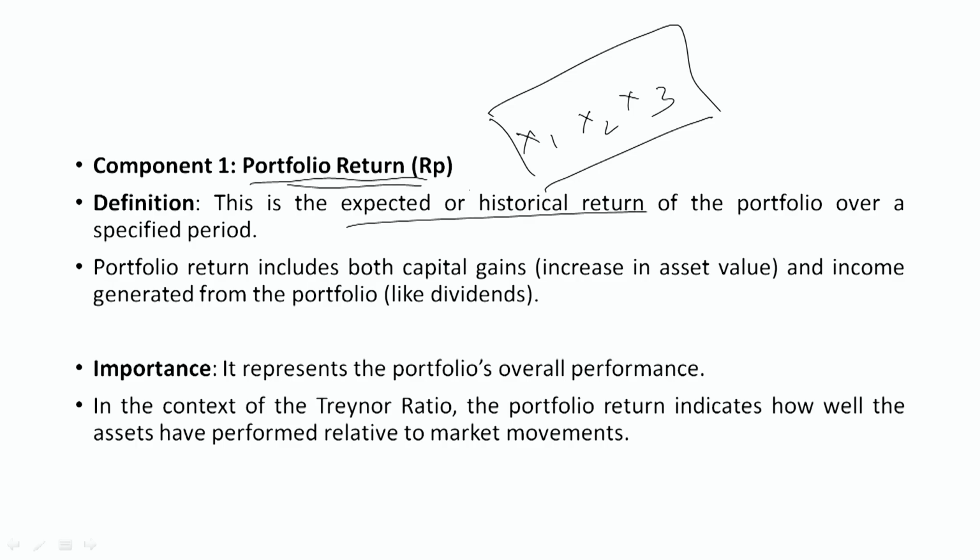So it talks about the historical return, first part, and based on the historical return, I have constructed something which talks about the expected return. That's how the components of an individual portfolio are identified and selected.